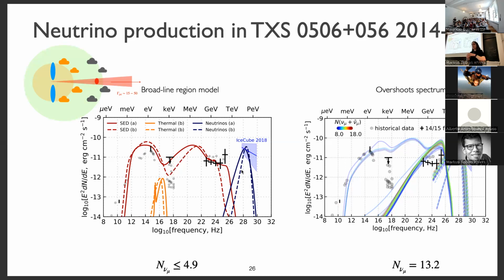And then we can start to add parameters to our model and eventually increase neutrino production a little bit with respect to what I showed here. But the general picture is that we need a proton content which is extremely high and untypical of the blazar population. So this doesn't change.